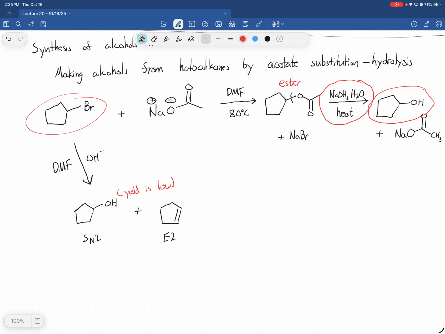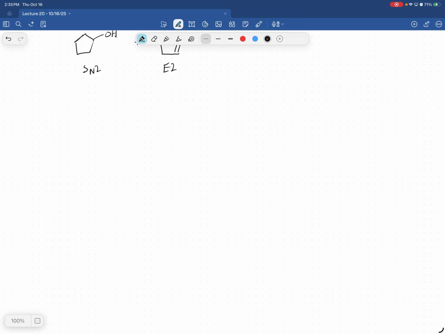So the first one is making them from haloalkanes. So that's number one. All right. Number two, reduction of aldehydes, ketones, and esters.